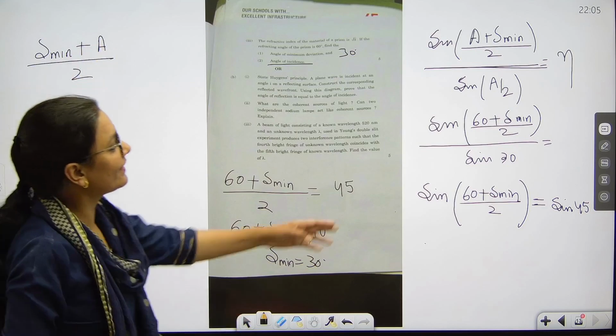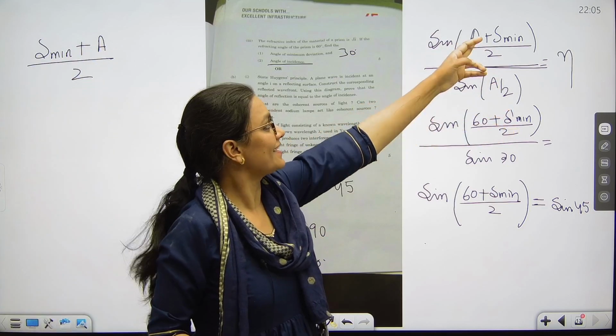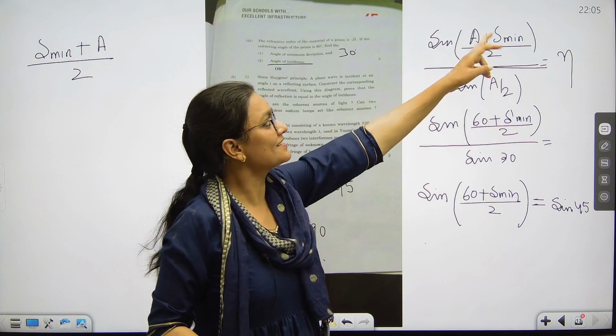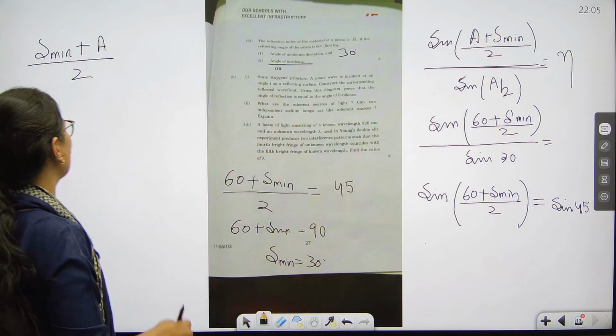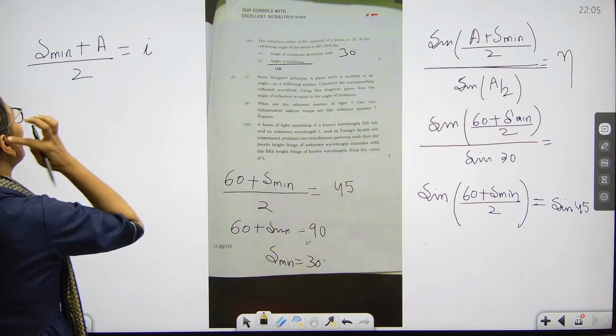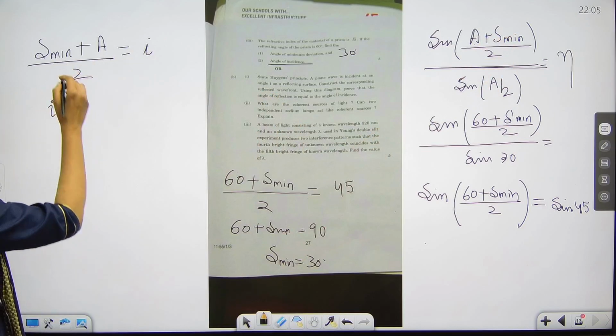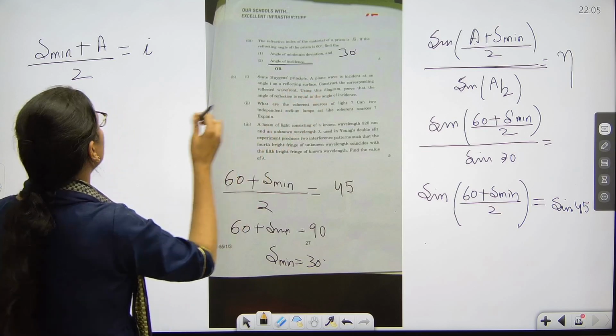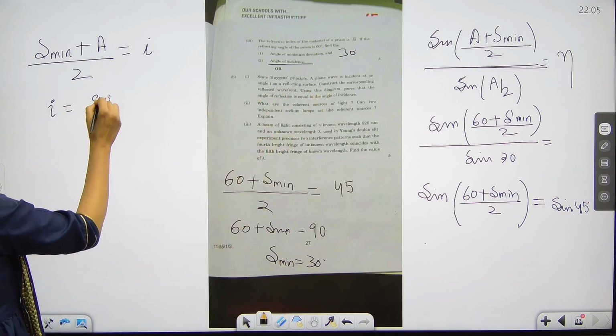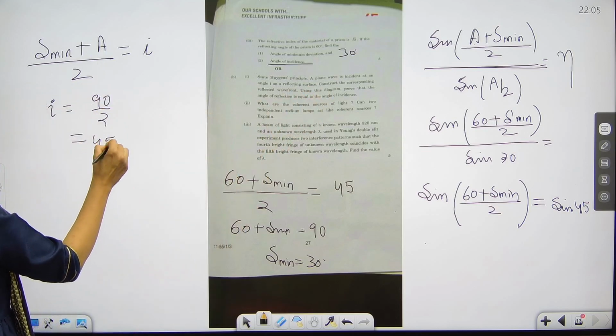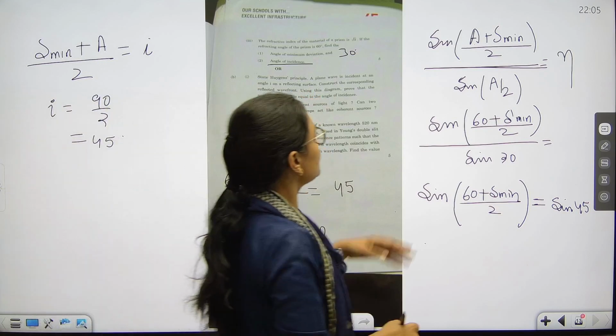It is sin I upon sin R, where I is (A plus del minimum) by 2. Okay, chalo. So here the angle of incidence will be (del minimum 30 plus 60, which is 90) divided by 2, 45 degrees. Done, easy peasy.